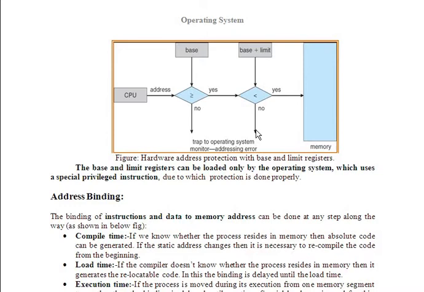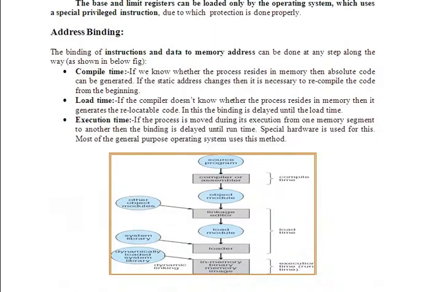By using this authority, if the base and limit registers are loaded by the operating system only, then our system will be safer, faster and protective. Hope it is clear how we protect our system with basic hardware and the help of base and limit registers.